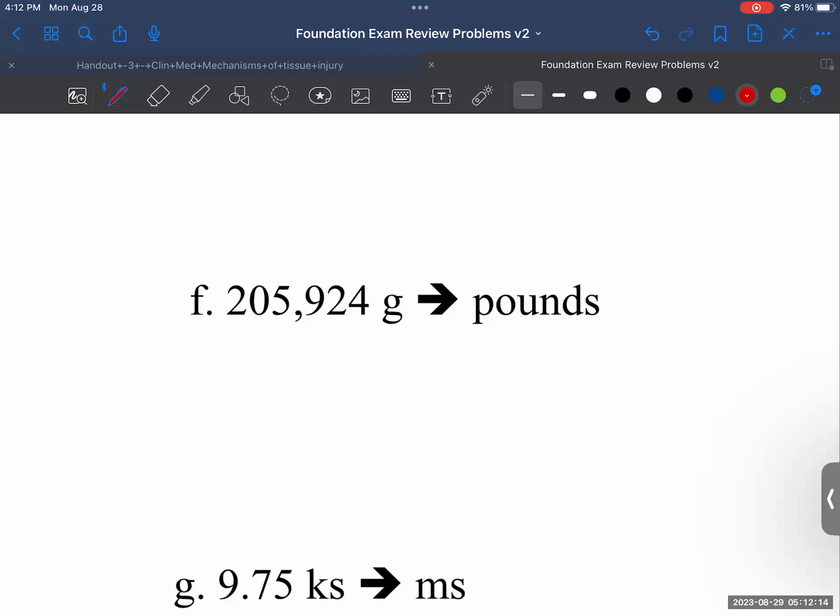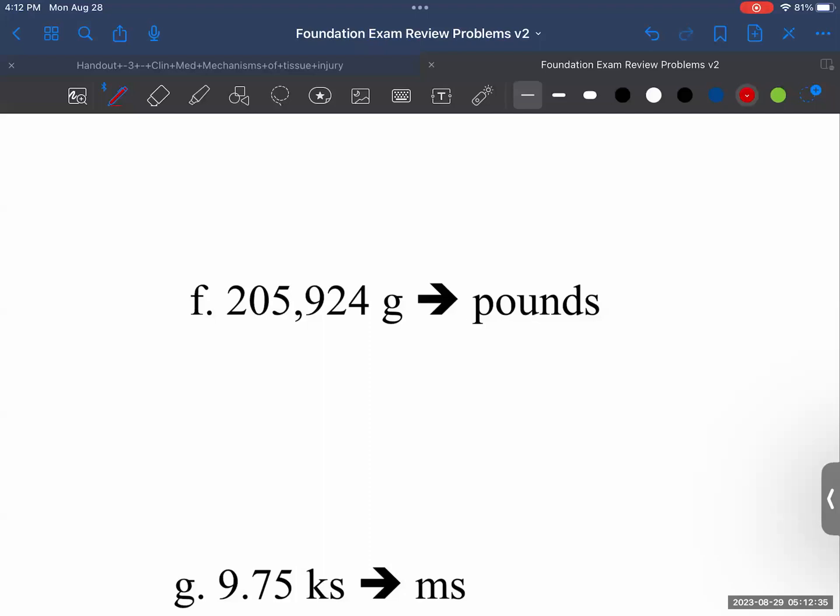The question is, what are we dealing with here? We're dealing with mass. We're not dealing with volume, and we're not dealing with length. Length, volume, and there's one other one, mass.